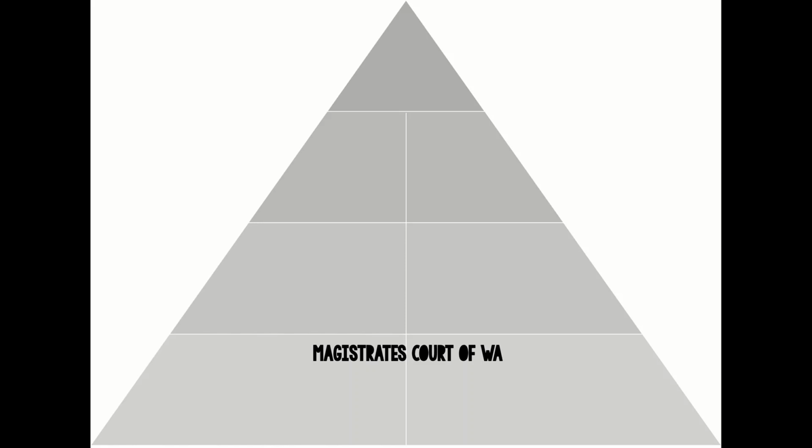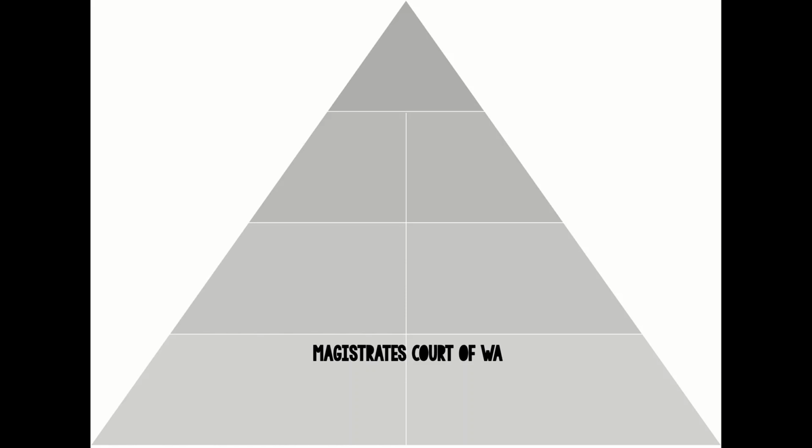In the criminal division of the Magistrates Court, they deal with matters that carry a maximum prison time of 3 years or less. So we're talking about small crimes here like petty theft that will not send you to jail for a really long period of time. So it's 3 years or less. You need to write that on that one side of the pyramid and label it criminal division.